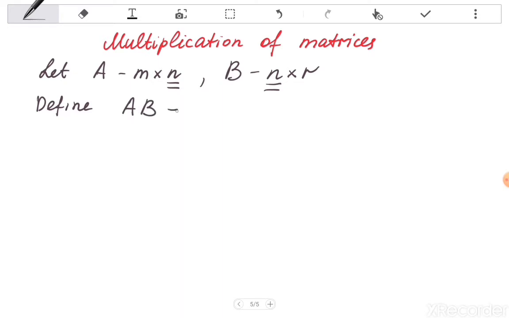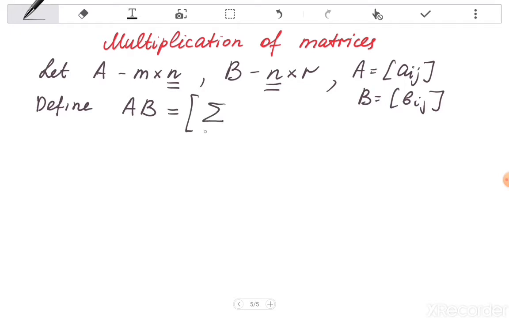So if A was Aij and B was Bij, then the product is a new matrix which consists of sums. Ij, so let's say l is from 1 to n, A_il B_lj.